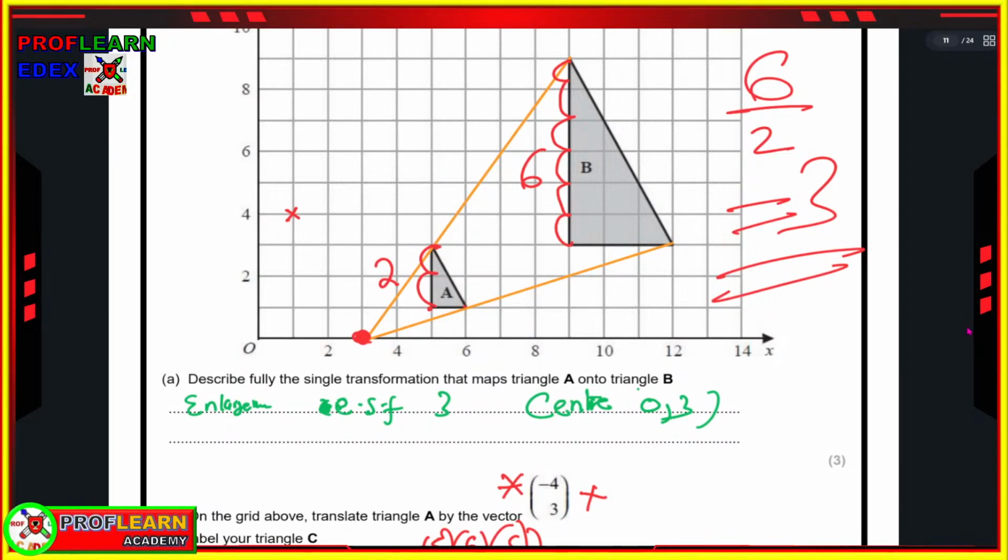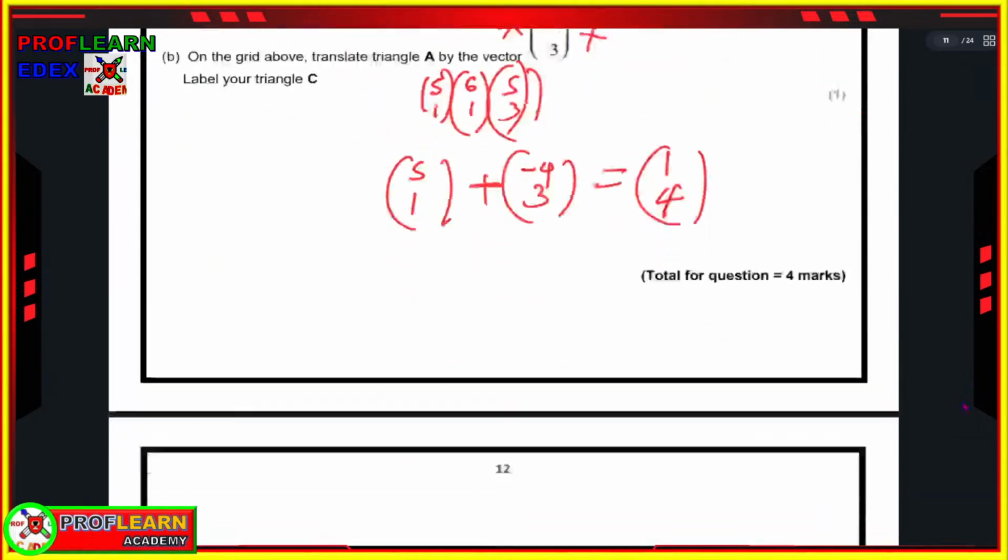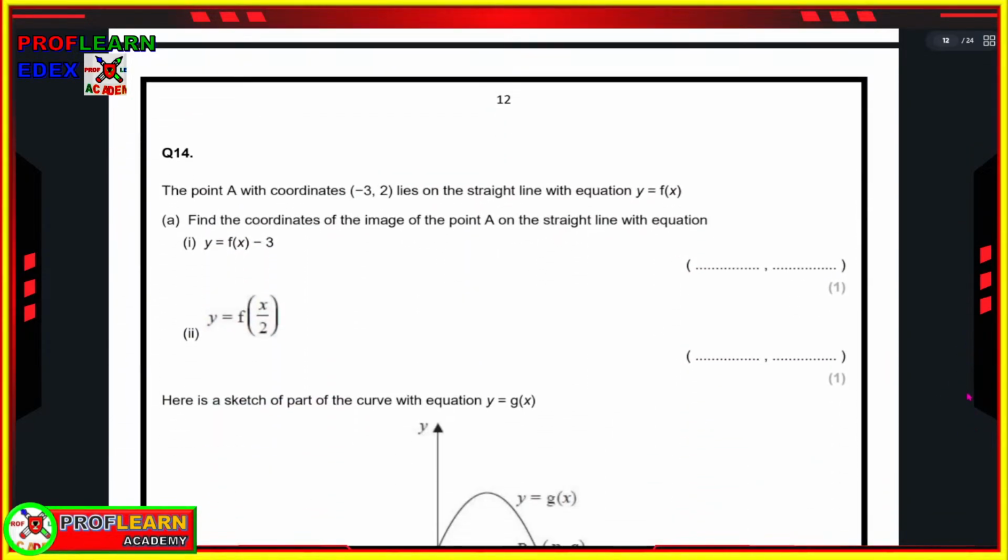So the next point, 6, 1, will be 2, 4, here, and the next point will be here. So we shall have the image at that given point, and this is our C at that given point.